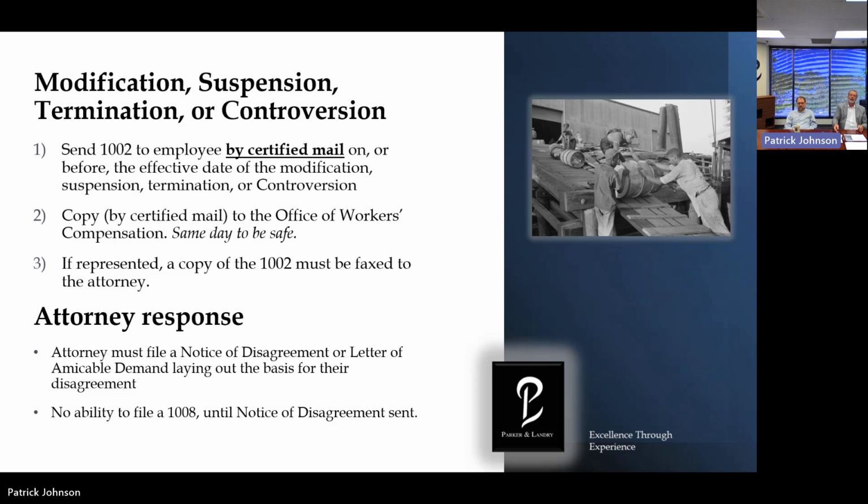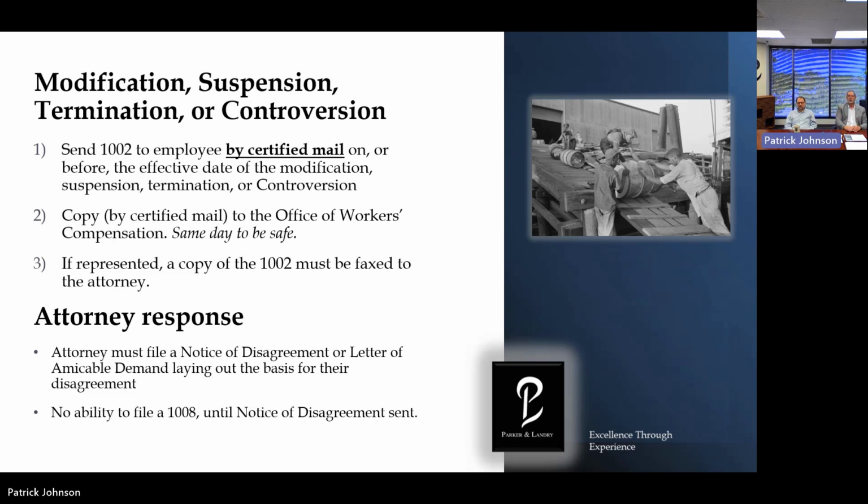If you get the information later on that it's less than that, then we get to take a credit for overpayments. So let's say that you've been paying the maximum because you didn't have the information you needed to do an accurate AWW calculation. You then get the information and you say, well, I shouldn't be paying this guy $771 a week. I should be paying him $650 a week.